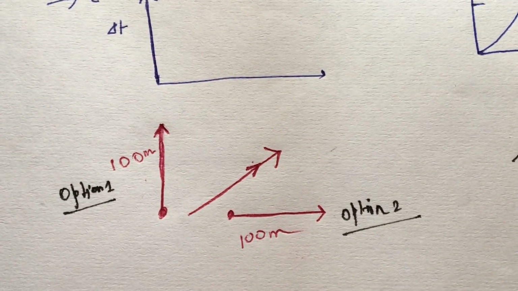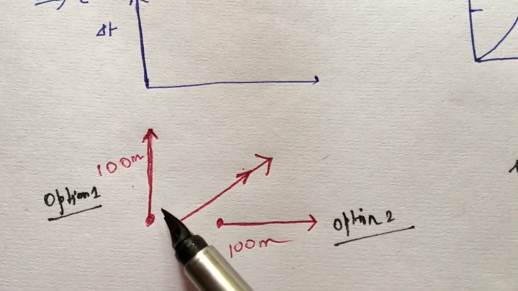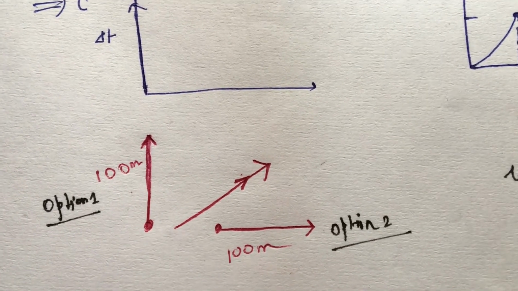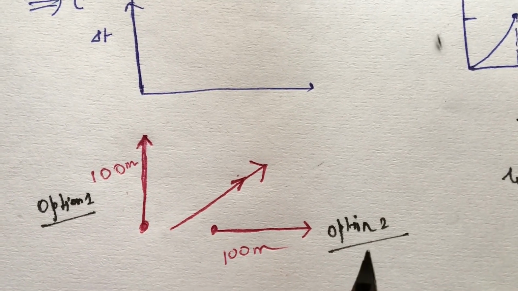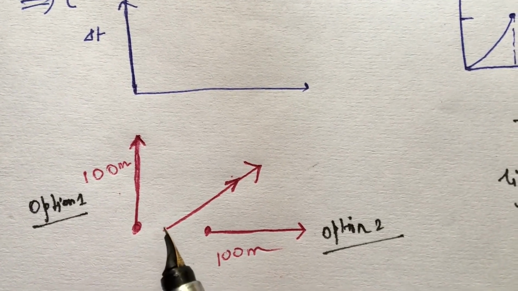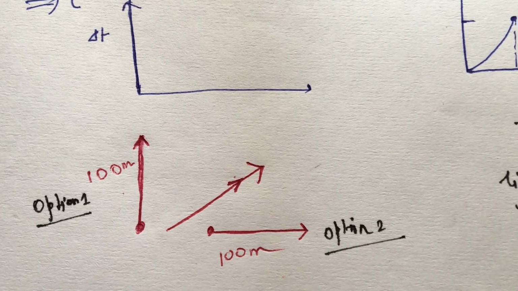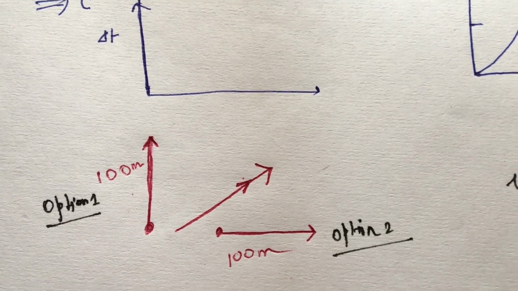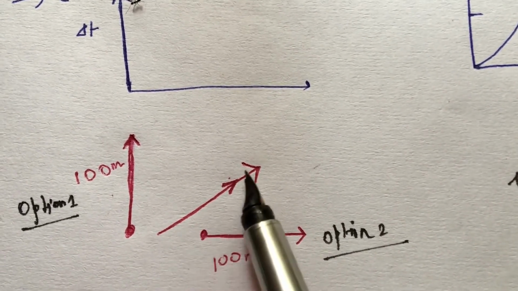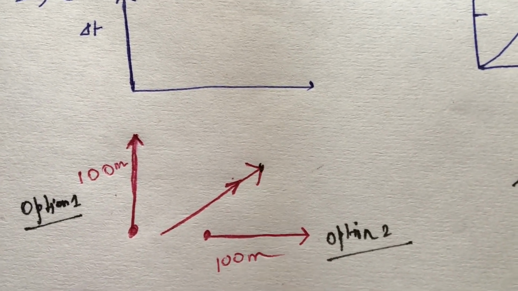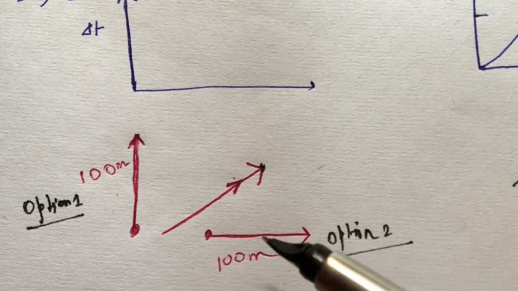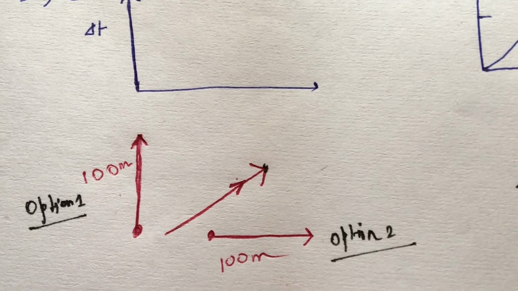This thing is like that. Suppose I am moving from my home, I can move towards north 100 meters, it's okay. I can move 100 meters towards east, that's also okay. But when I am traveling like this, I am traveling in both north and east directions, because if I look at the tip of this arrow, then it has a certain position coordinate and a certain time coordinate.